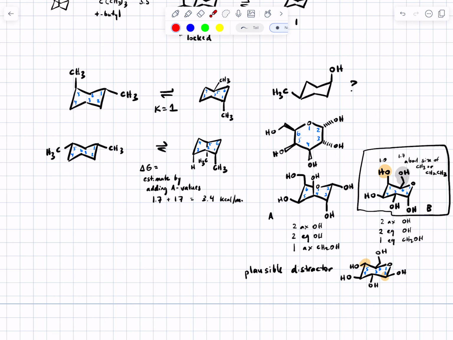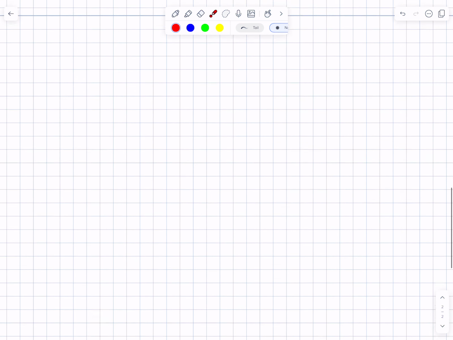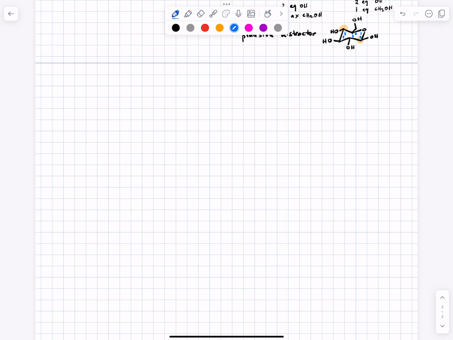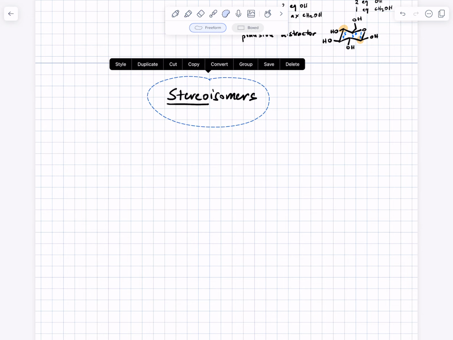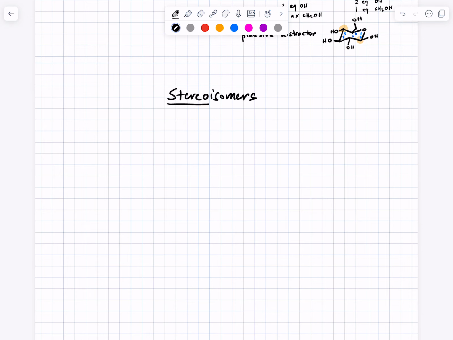All right. So we've talked about the concept of stereoisomers, which you have heard about before. Stereoisomers are molecules that have the same connectivity but different shape. The stereo, I think, we're using in the three-dimensional sense. There are two kinds of stereoisomers, and only two.